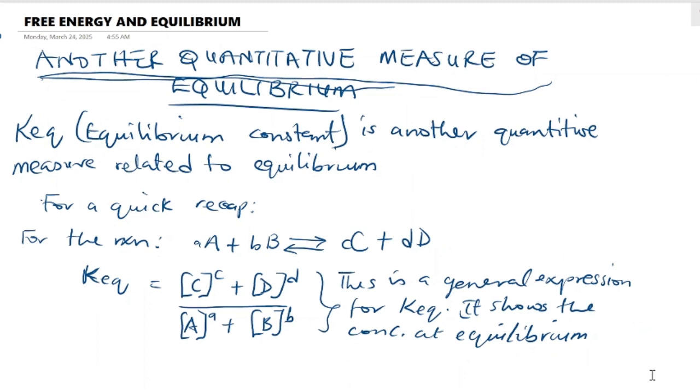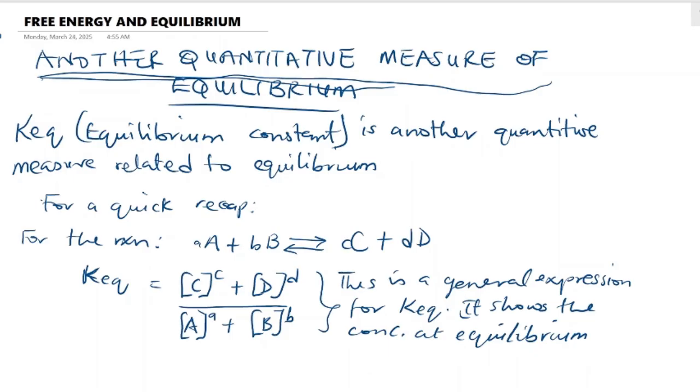So delta G, which we earlier saw, is the measure of the extent from equilibrium.